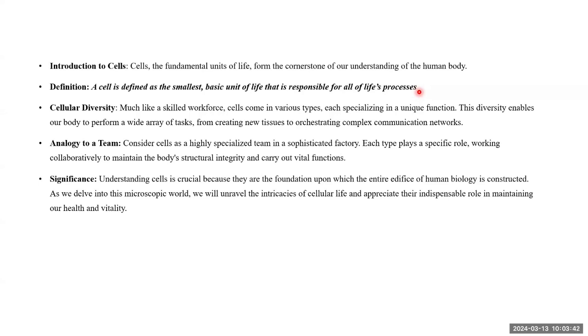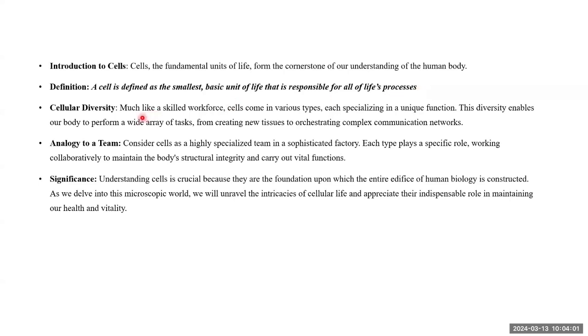Each type of cell works, then overall all the systems work, and if all the systems work together in the right way, that whole process makes up the health of our body.